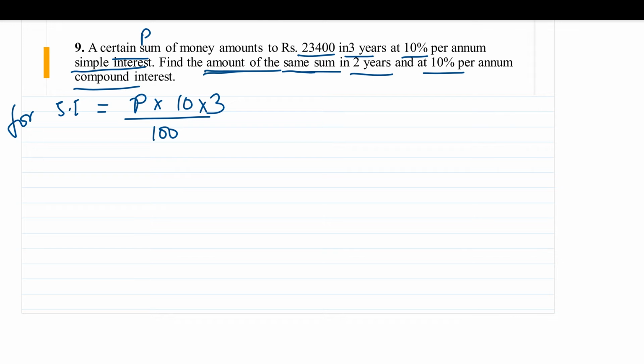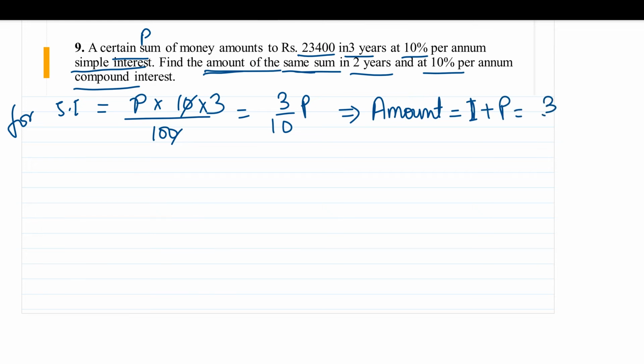So this is a simple interest, and we need to find the amount. So if this is simple interest, we can calculate it as 3 upon 10 P, and hence the amount is interest plus principal, that is 3 by 10 of P plus P, that is 13 over 10 P. This is equation number 1.